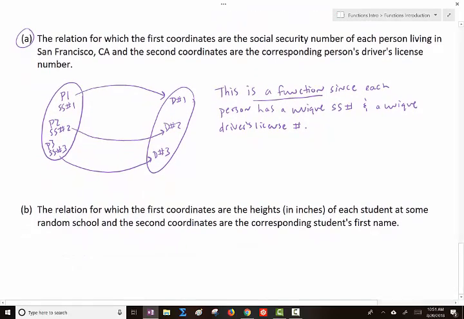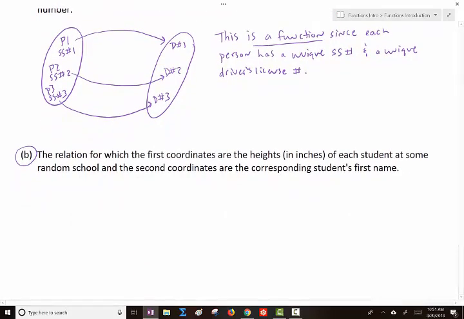Now, in the second situation here, we're going to consider a relation in which the first coordinates are the height in inches of each student at some random high school, and the second coordinates are the corresponding student's first name. So we can make up some stuff here, some random high school. Maybe the first person is 65 inches tall, 65 inches, first coordinate.